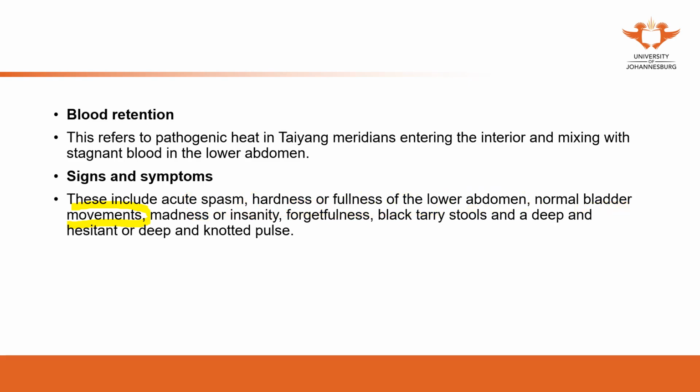Madness, that's the original description in the classic. Madness or insanity, forgetfulness, poor memory. So this is the manifestation of blood stasis in the heart, or now we can say in the brain.